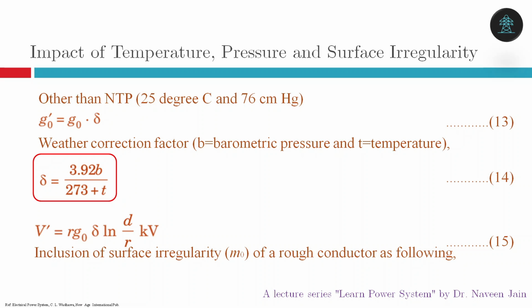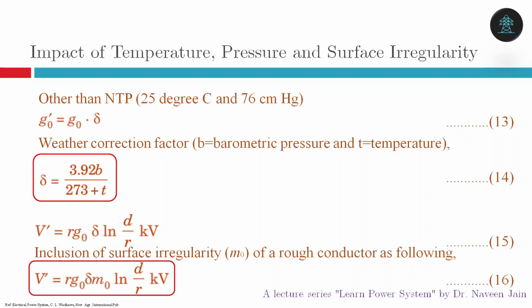The irregularities on the surface of such a conductor are increased further because of the deposition of dust and dirt on its surface, and the breakdown voltage is further reduced. So, this surface irregularity is also included in the expression of equation 15.